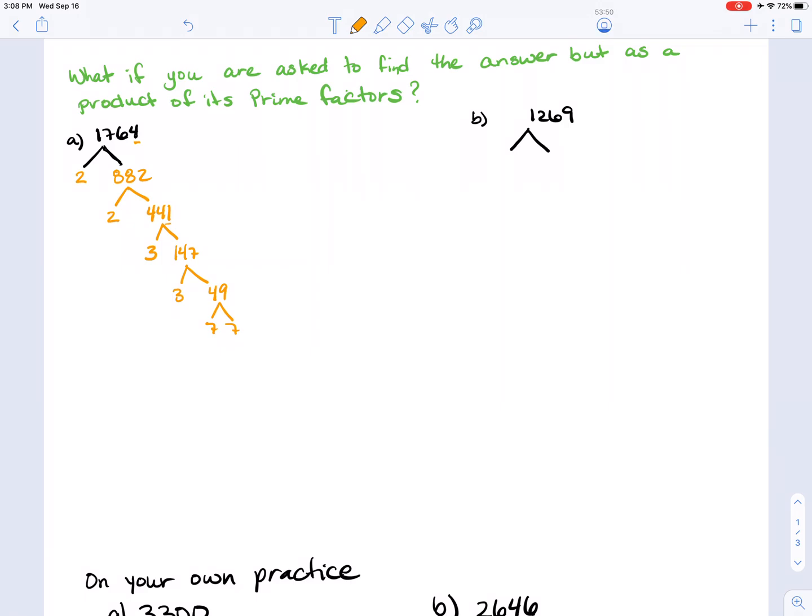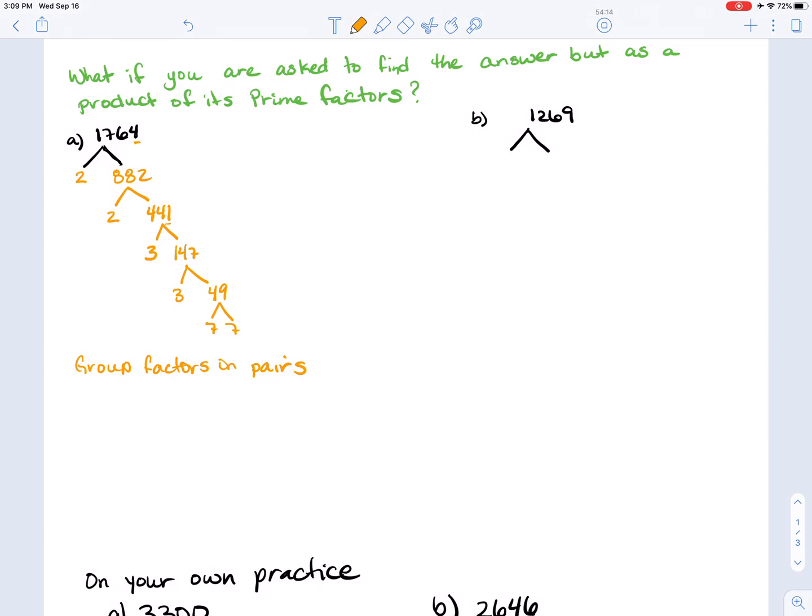Now, what I'm going to do is group the factors in pairs. Let's spell pairs so you can actually read it. In pairs.